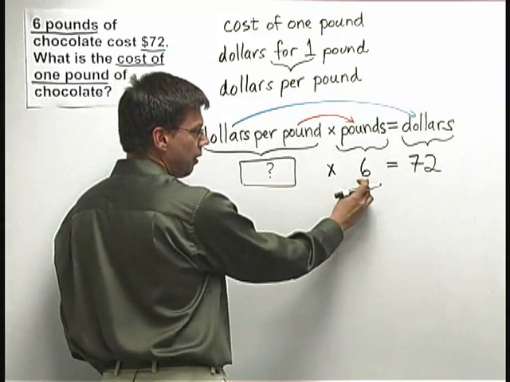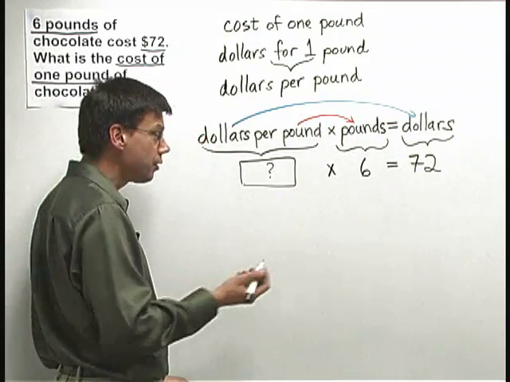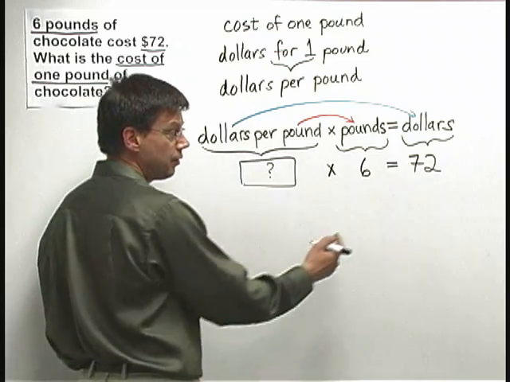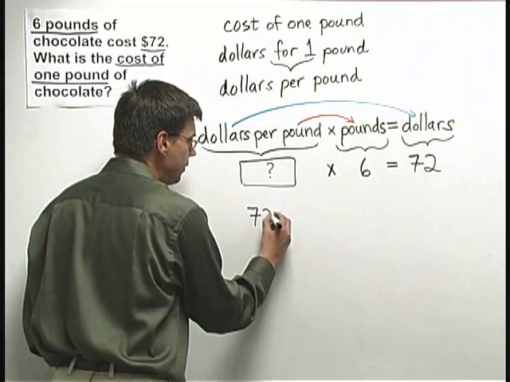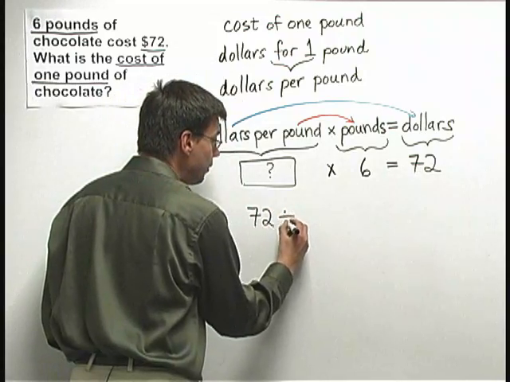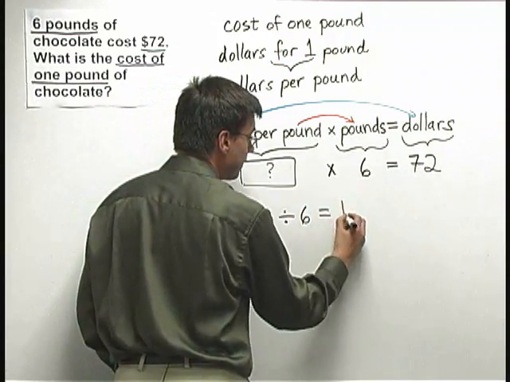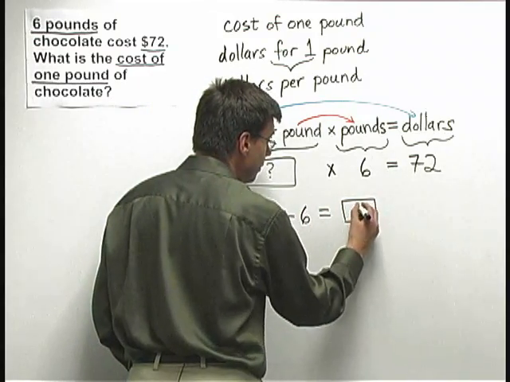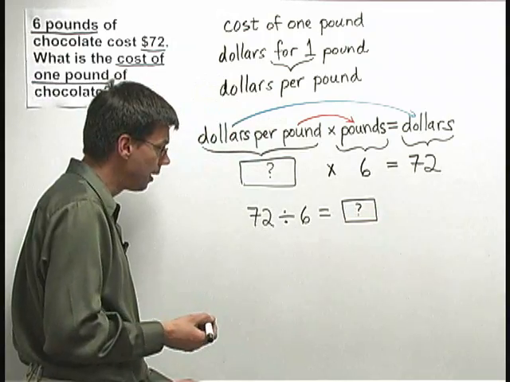We're missing a multiplier in this multiplication problem. So we can divide to find the answer. We take the answer to the multiplication, 72, and we divide by the multiplier we have, that's 6. 72 divided by 6 will give us our answer.